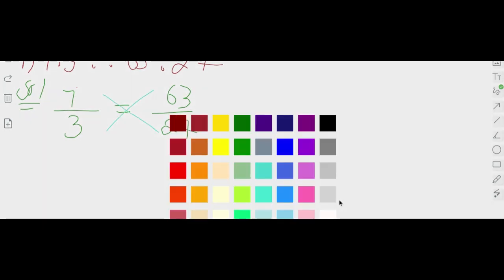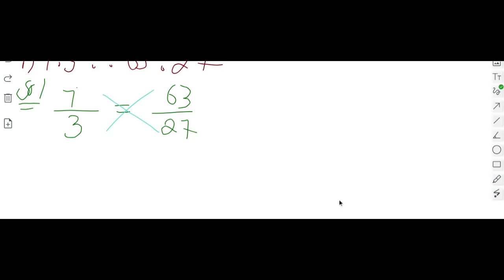Did you get it? Yes. Then 7 is multiplied with 27 and 3 is multiplied with 63.